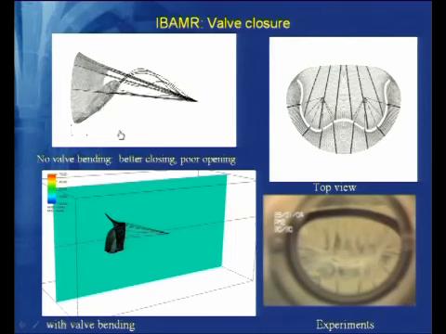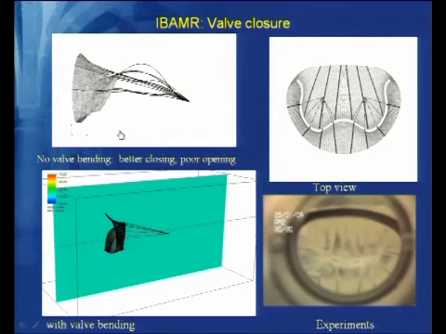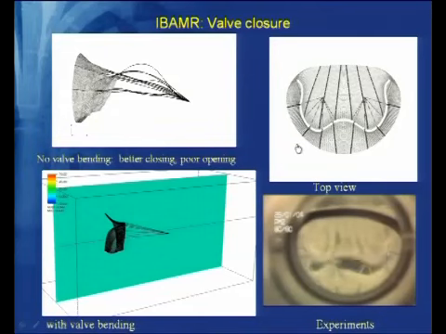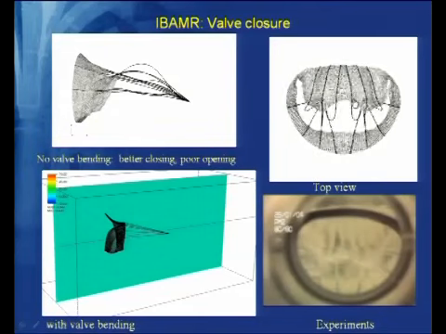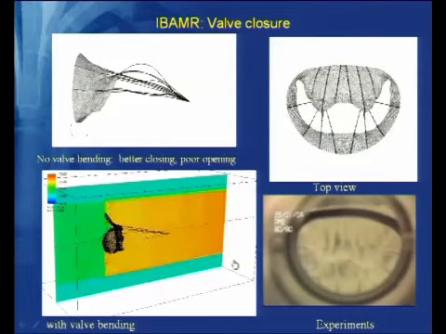Now we will look at the valve closing problem. If you don't have bending stiffness, the valve still over-opens, but it closes better, because now we have a driving pressure boundary condition rather than a flow rate boundary condition. In the experimental results, the valve is opening, but not as much as you saw in the picture, and it closes properly. The chordae is bending hard to push it closed as well.